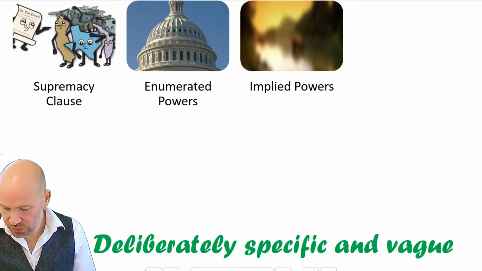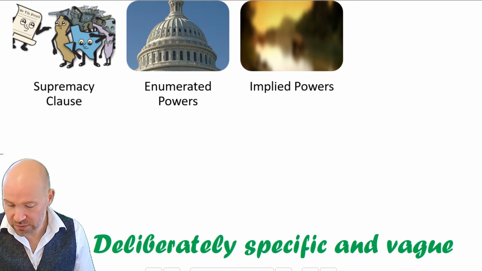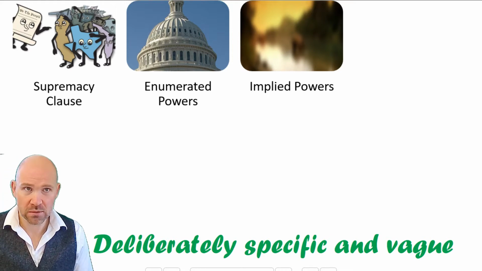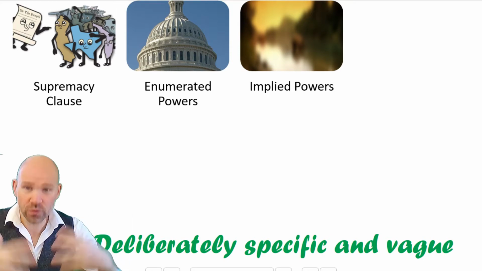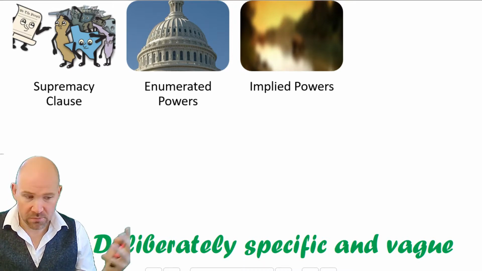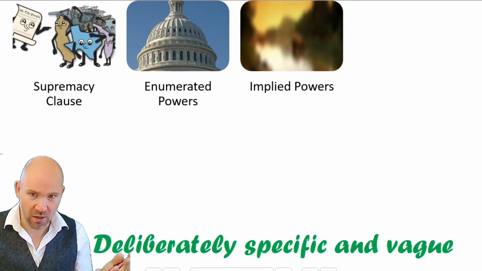An implied power is this. The Constitution says that the federal government has the power to raise an army and a navy. Well, what do you need to be able to do to raise an army and a navy? You need to be able to recruit people to that army and navy. You need to be able to raise taxes to pay for that army and navy.